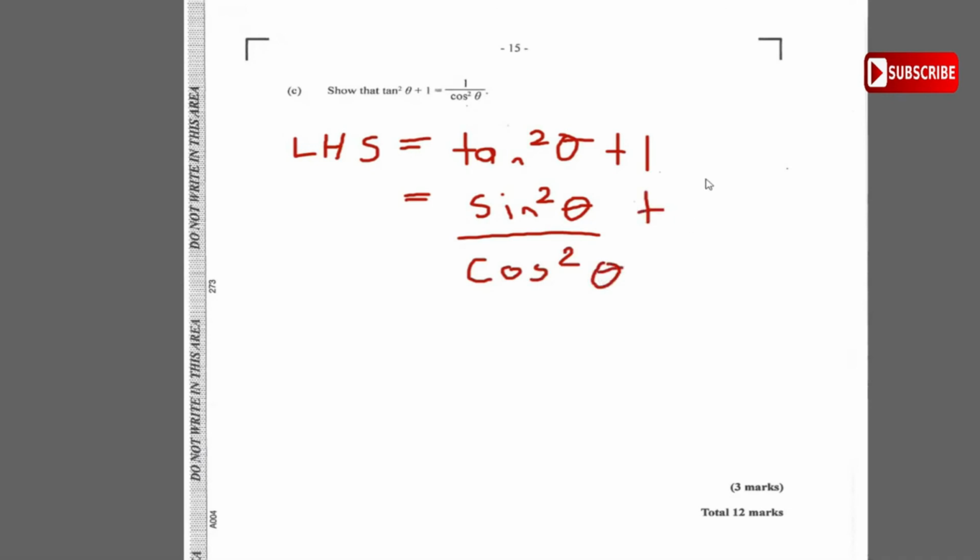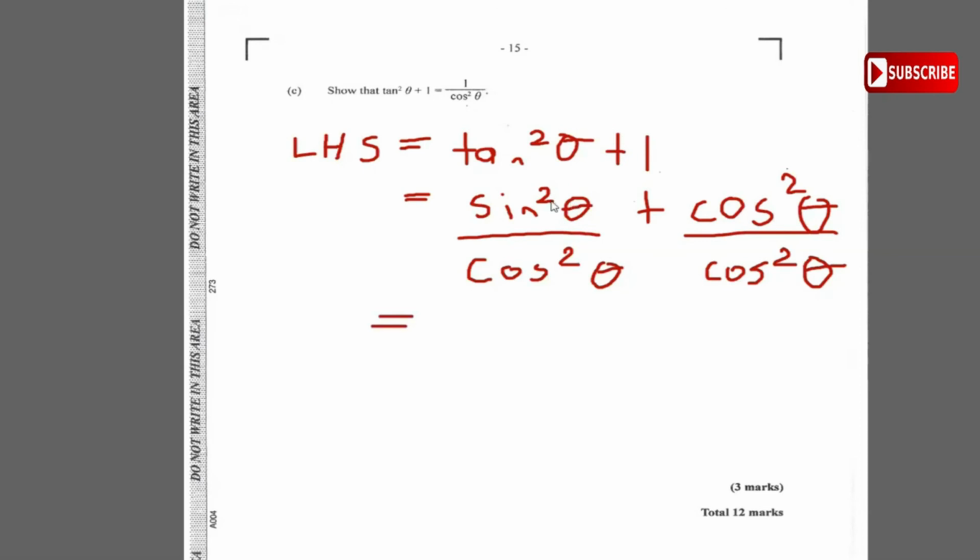Now we can rewrite the plus 1 as cos squared theta over cos squared theta. Anything divided by itself is 1, except 0, of course. 0 over 0 is indeterminate.